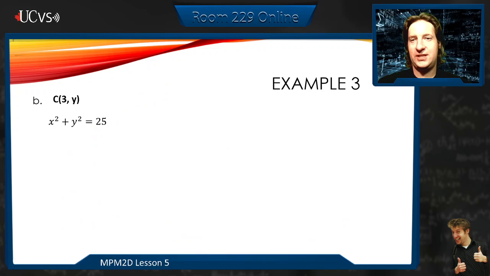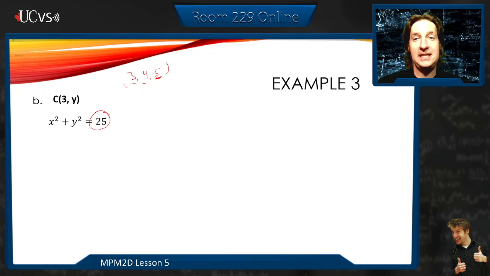Okay. For C, it asks us to find another point. But remember I said about that Pythagorean triple, 3, 4, 5? Because the radius is 5, I know that 3 and 4 are numbers that satisfy Pythagorean theorem nicely. I could have picked any arbitrary number here, but then I would have got a whole bunch of decimals.